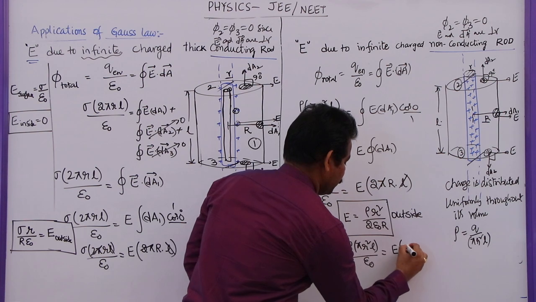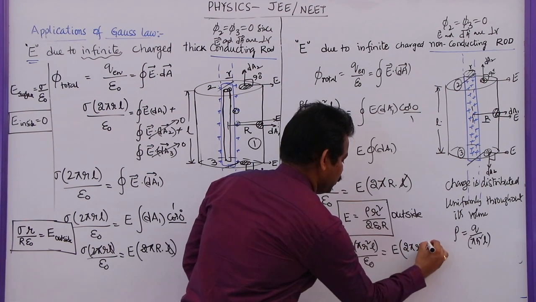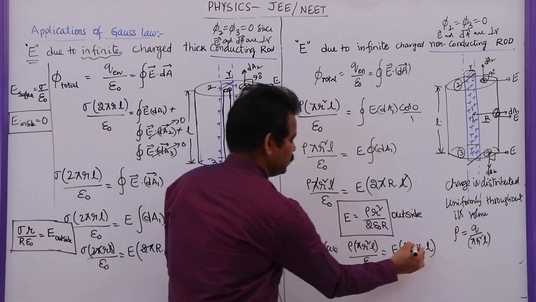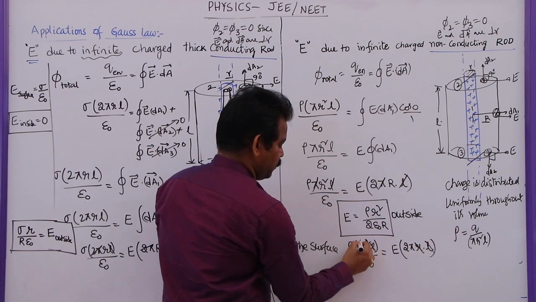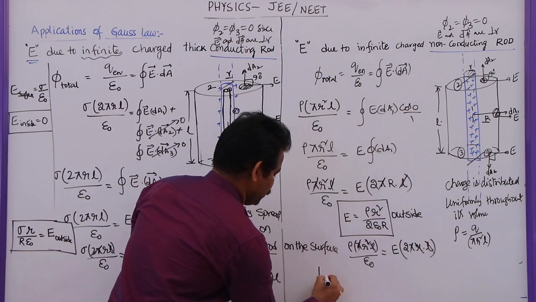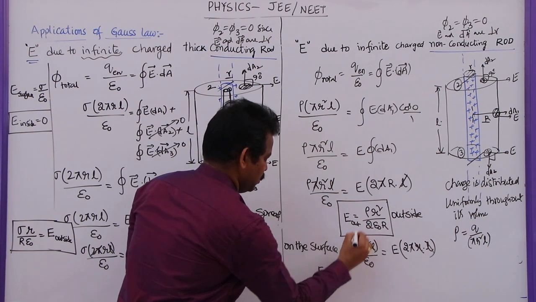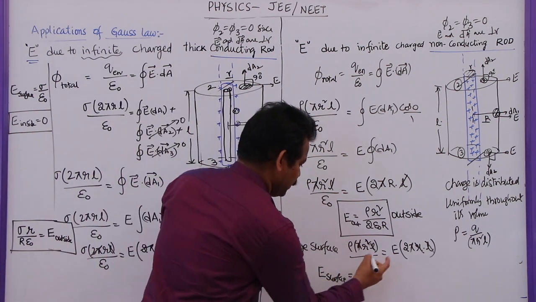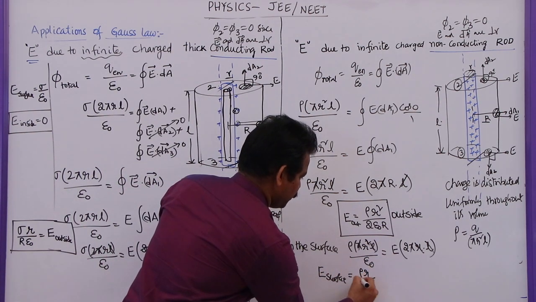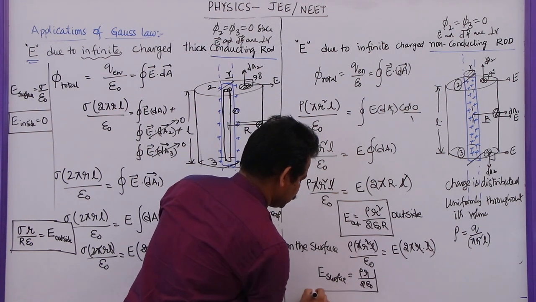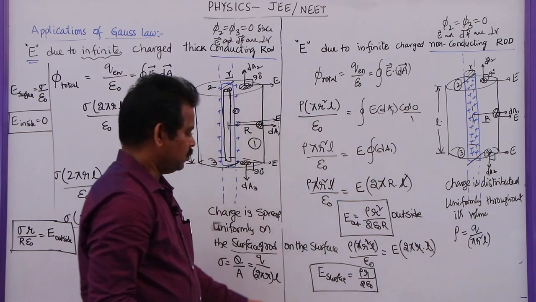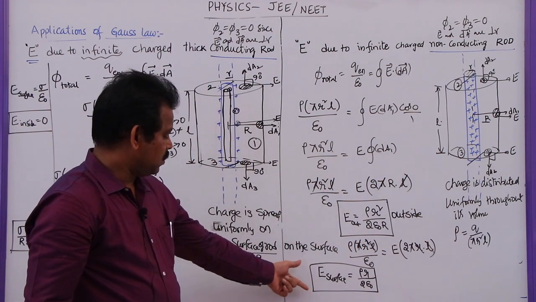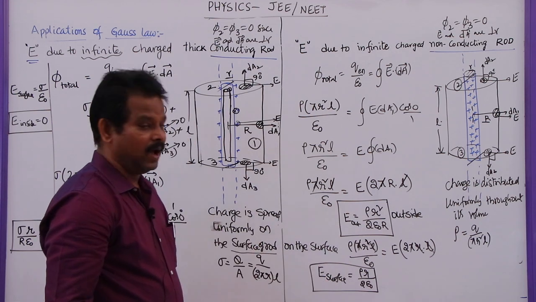That is also given by 2 pi r into L. Now you can cancel r, pi. So this is electric field outside, and this is electric field on the surface of the non-conducting rod, given by rho r by 2 epsilon naught. So this is the expression for electric field on the surface.